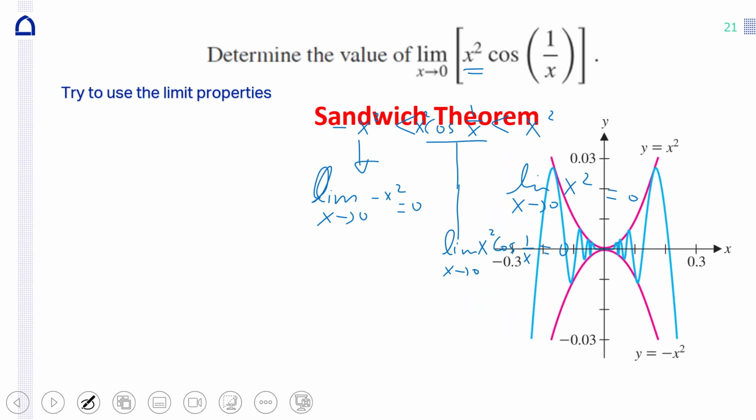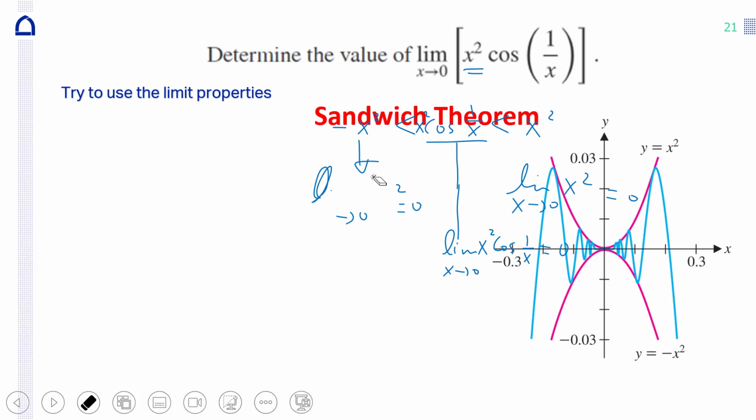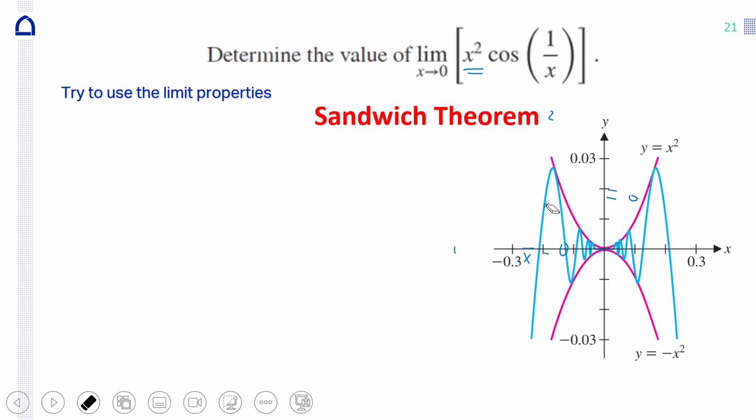It's very clear here from the graph. If you graph these two functions, x squared and minus x squared, you will find your function x squared cosine 1 over x in between these two. So the limit is equal to 0.